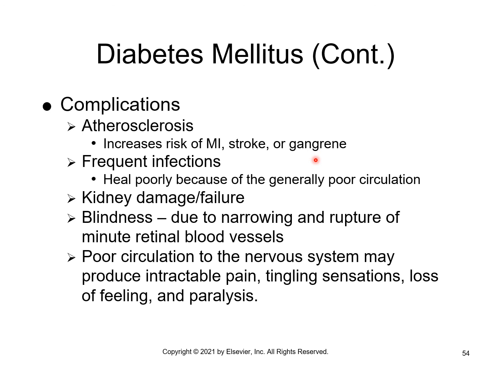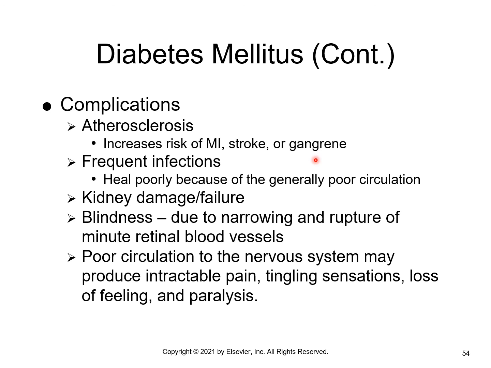dies and necroses. Diabetes can also lead to frequent infections because people with diabetes heal poorly because of their poor circulation. It can also lead to kidney damage and failure, again due to poor circulation as well as due to those harsh sugar crystals basically moving through the renal system, causing damage to it that way.